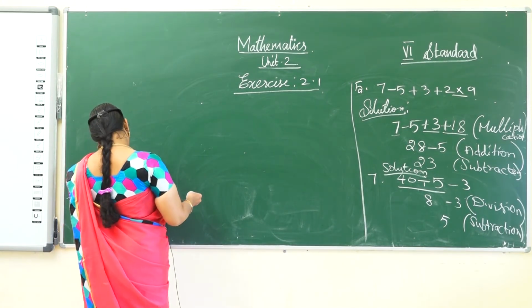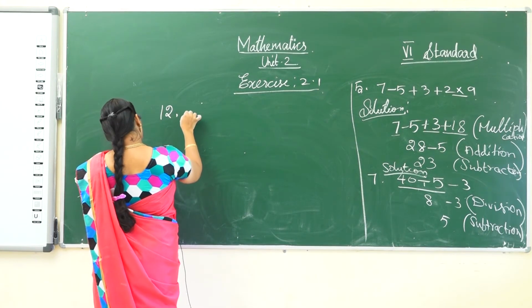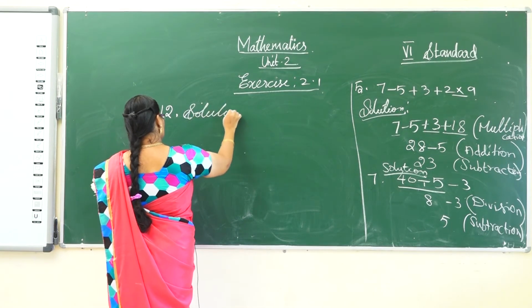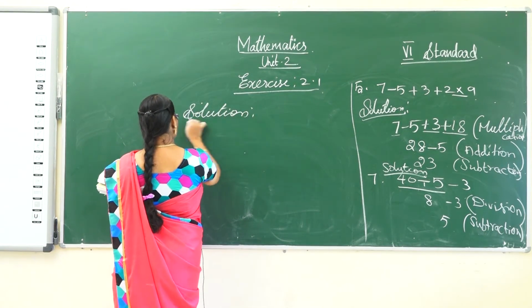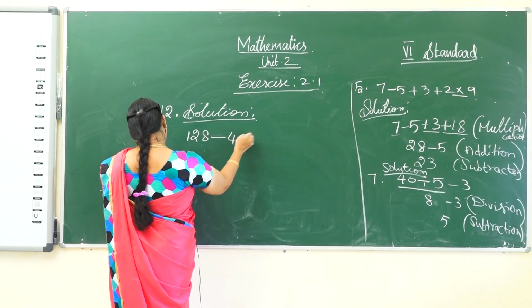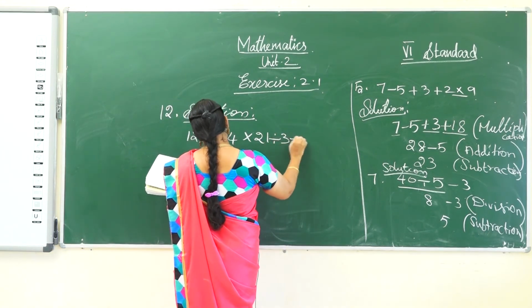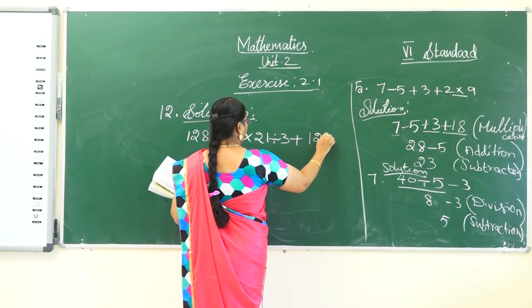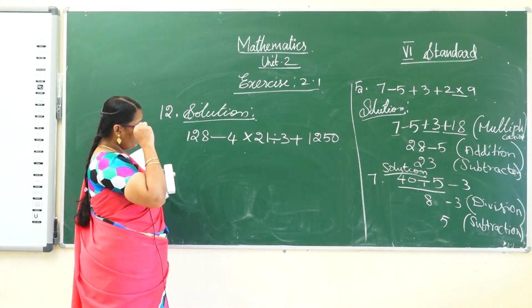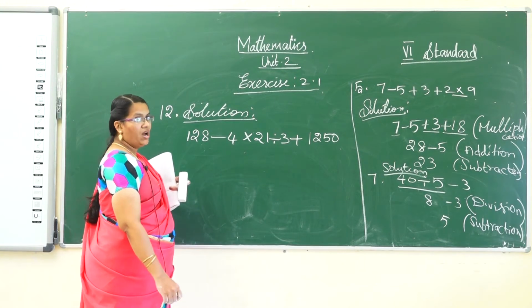Now see the 12th problem: 128 minus 4 into 21 divided by 3 plus 1250. Here four operations are used, so we use the DMAS rule.